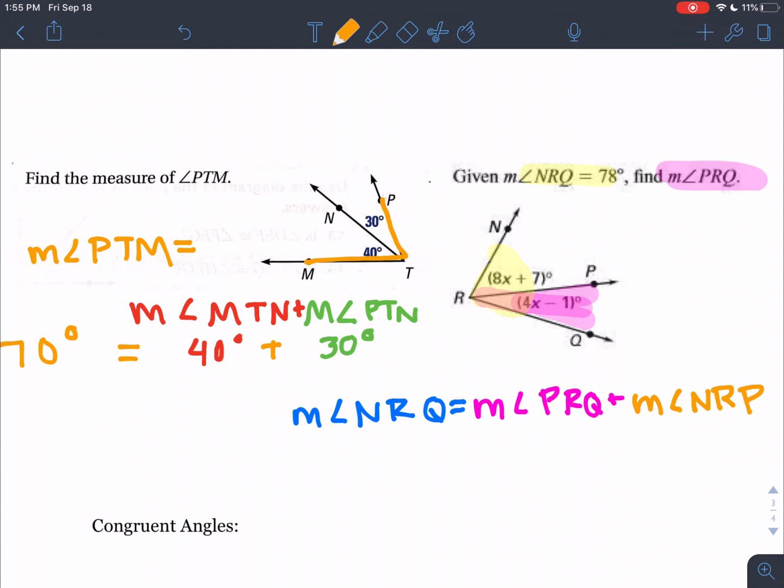All that's saying is that the large angle is going to be made up of the two smaller ones, or the two smaller ones put together make up the larger one.